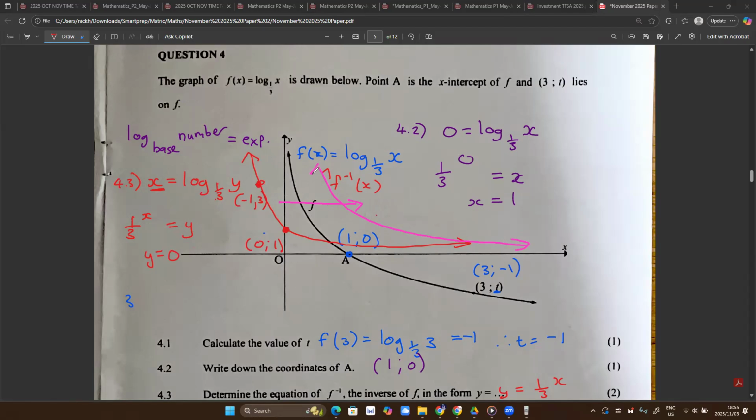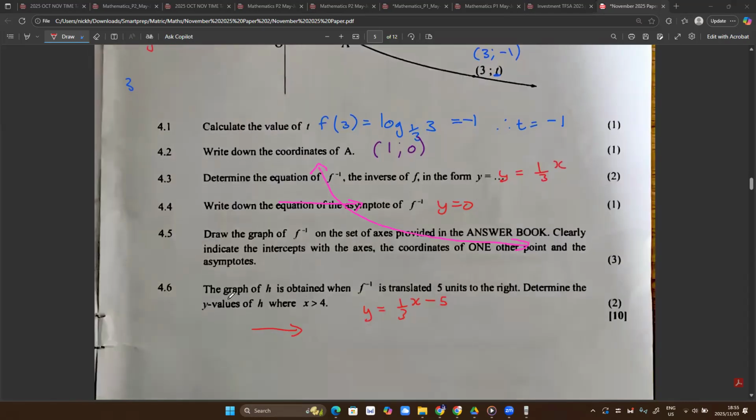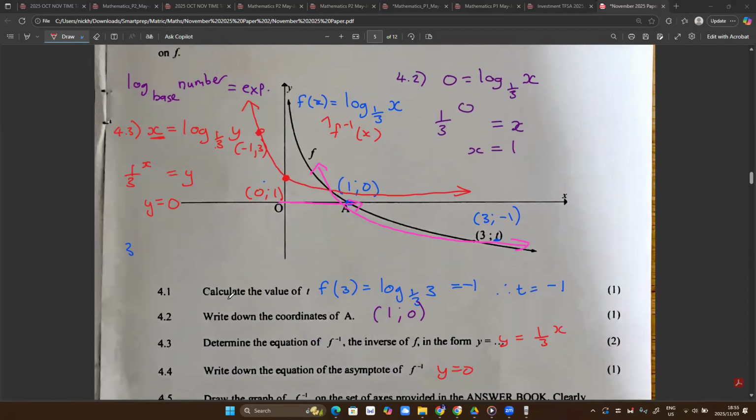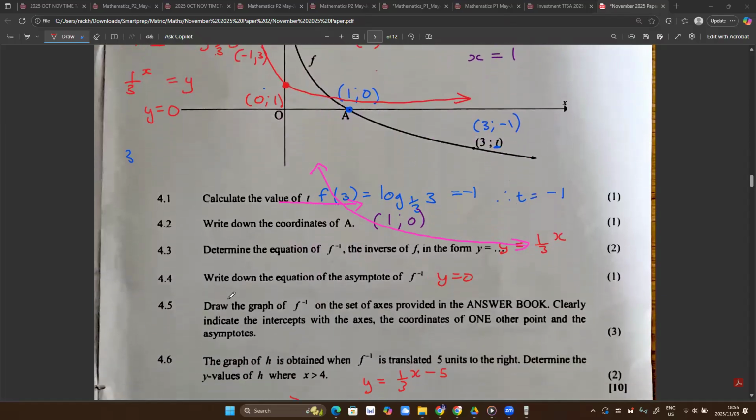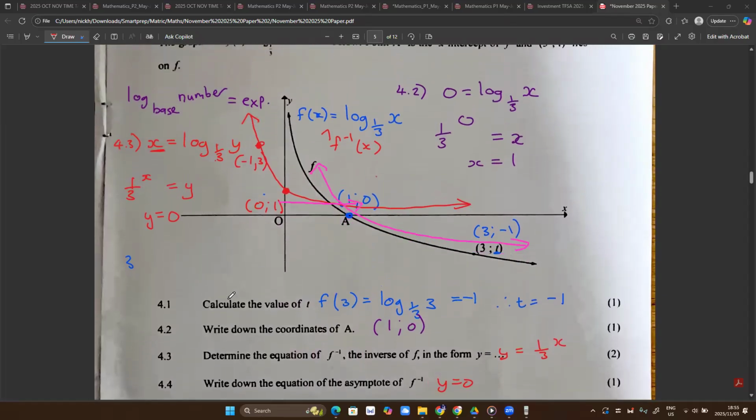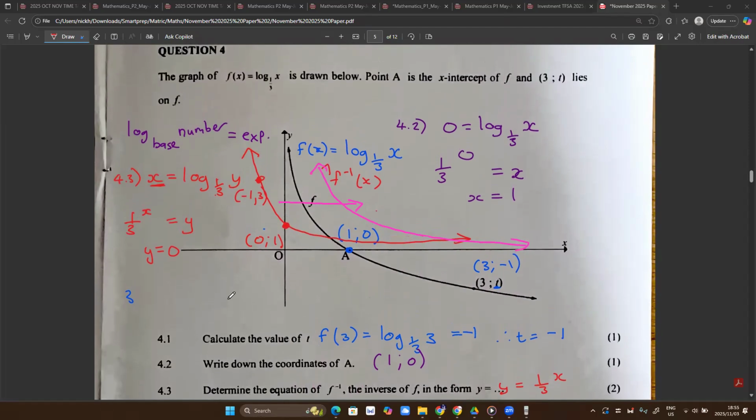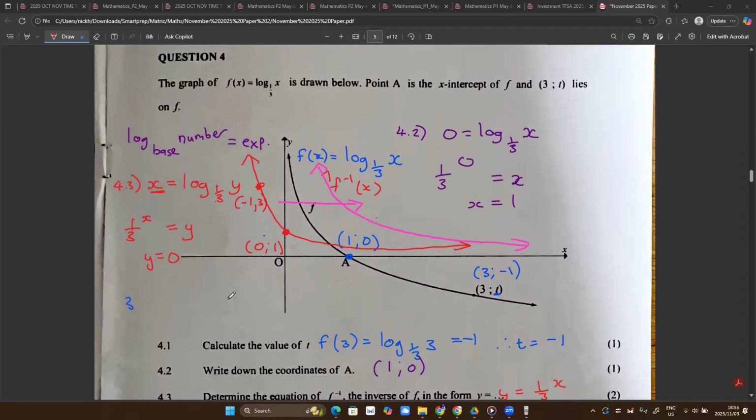Essentially what we're wanting is, where is x greater than 4? Right, did they ask that? Or is it h of x greater than 4? Where is x greater than 4? And they want the y values. Okay, well, let's pull x to the 4.